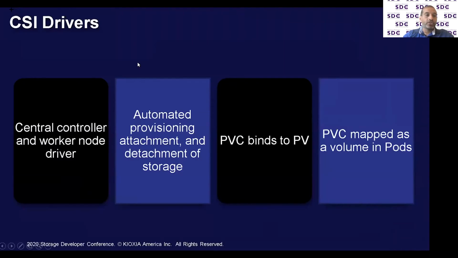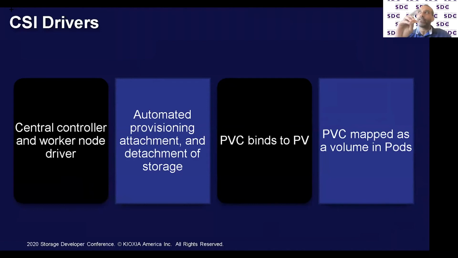All right. So we talked about Kubernetes stateful applications. We talked about Kubernetes workloads. Now let's see how persistent storage is delivered in Kubernetes. This is through CSI drivers, container storage interface drivers. The way the container storage interface driver works in Kubernetes, I'm going to show in my demo also.